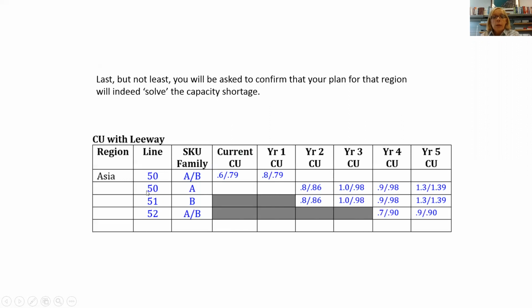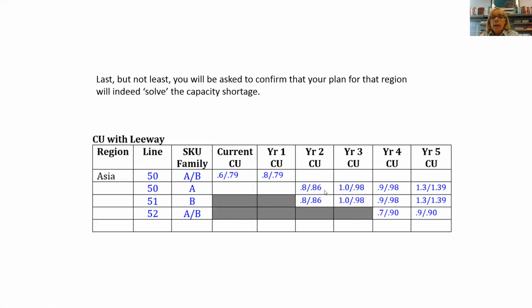Now, this is where we said, if we look at what's going on here, we're going to add this flexible line, and we're going to add this dedicated line B. If that's the case, 50 can be dedicated to A. And if that's the case, go back to your original data, and what you will see is that in year 2, each of those SKU families, A and B, has 800,000 cases of demand with leeway, and that's what that 0.8 represents.